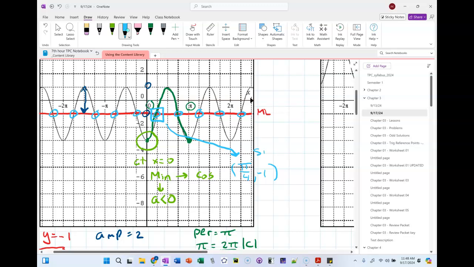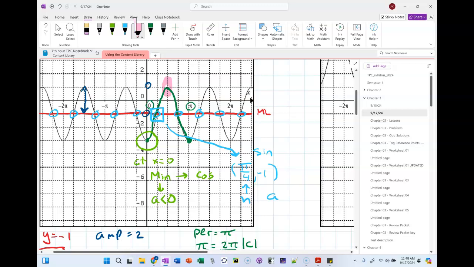So if I'm going to do a sine, I need a midline point. That's the coordinate. The x-coordinate is going to be our h. And then to pick whether the a is positive or negative, what do I look at?